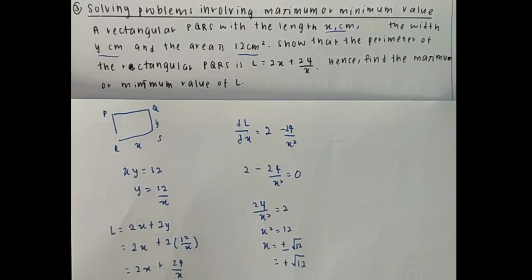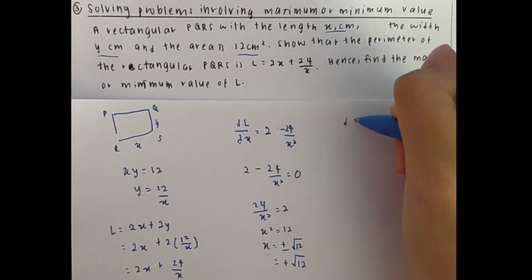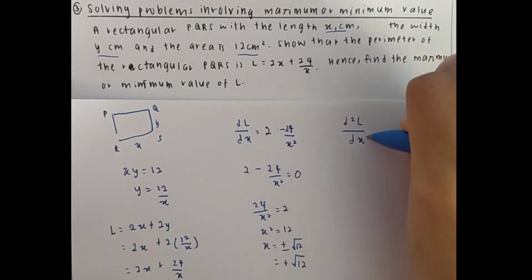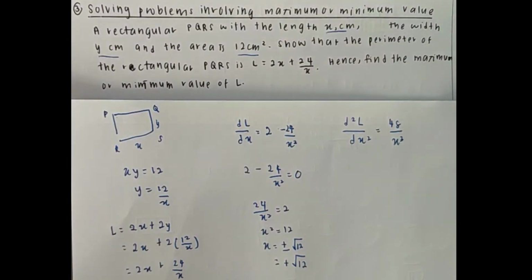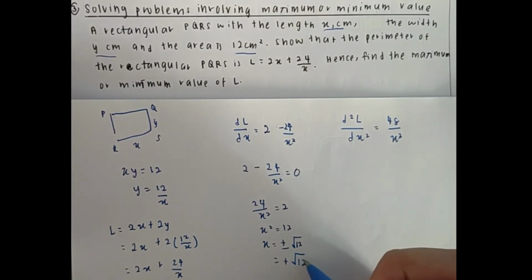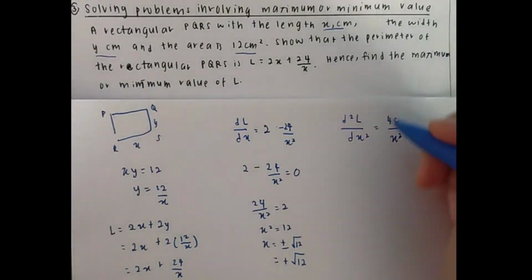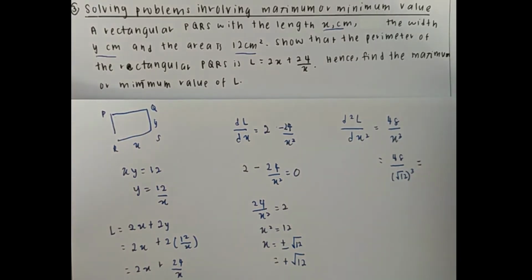To find whether it is a maximum or minimum value, we must first find the second derivative of the equation L. So d squared L over dx squared is equal to 48 over x cubed, and then we substitute the value of x inside the second derivative, which is 48 over square root 12 cubed, and hence we will get 1.155, which is larger than 0.